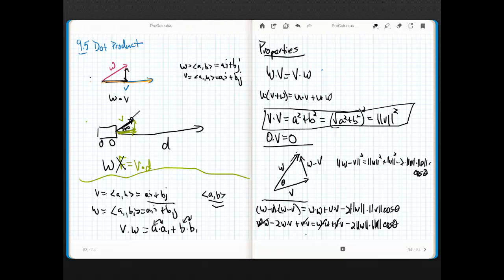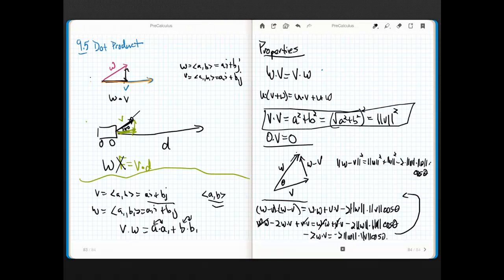I'm going to run out of room. I hate that. Negative 2 W dot V is equal to negative 2 times the magnitude of W times the magnitude of V cos theta, which implies, now I'm going to steal some of this space back.